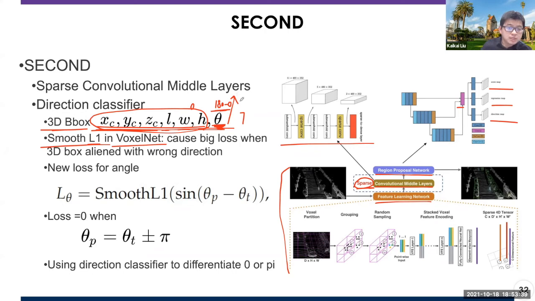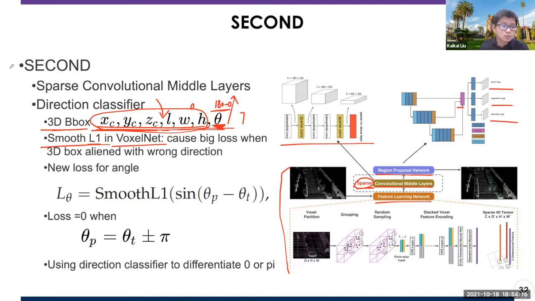Then during the training process, you think this model is not that good, then you change the weights, and make this part become worse. So this is a huge problem, because when this type of bounding box happens, you only need to know what the direction is, and then it's a perfect match of the 3D bounding box. But if you combine all things together as a smooth L1 loss, because the theta has a very high value, it will disrupt your training process and cause a lot of problems.